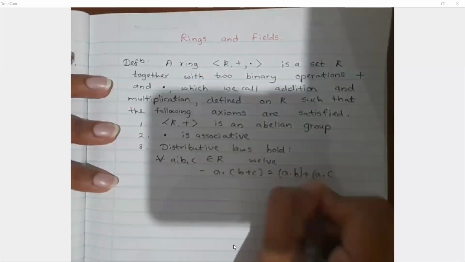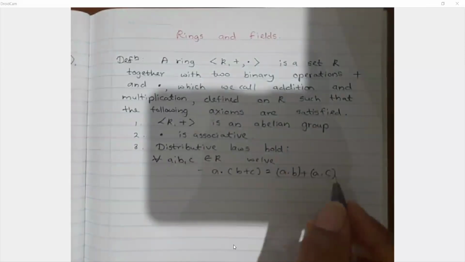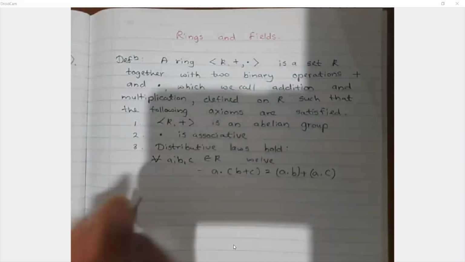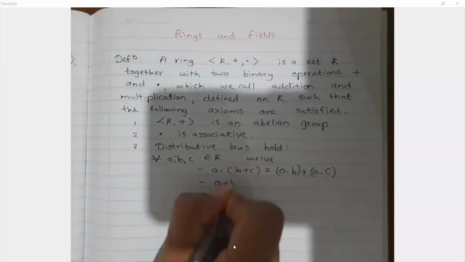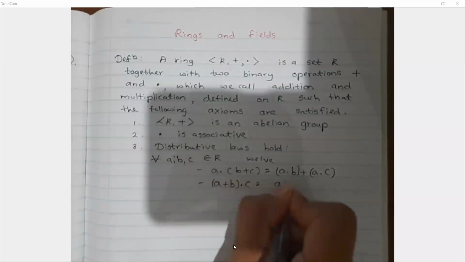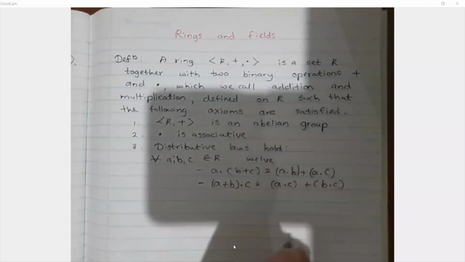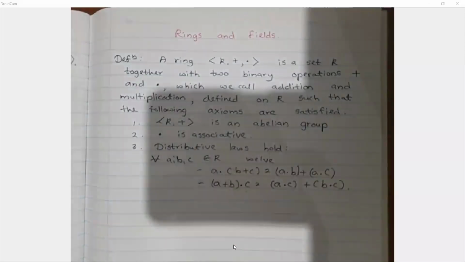Now remember the order in which we write these elements, we don't change because multiplication itself doesn't have to be commutative, even though addition is, because R together with addition is an abelian group. And the second one is (a plus b) times c must equal a times c plus b times c. The left distributive law and the right distributive law.